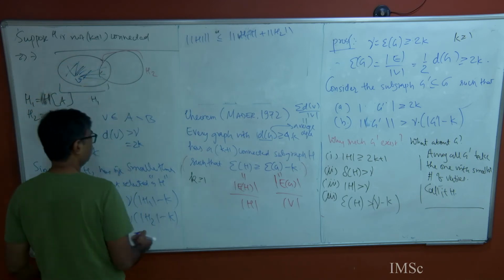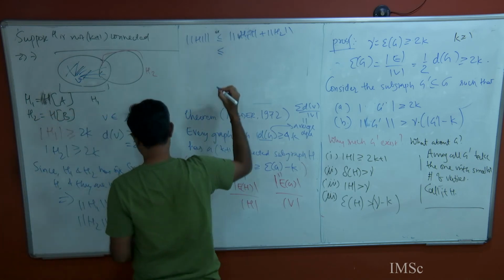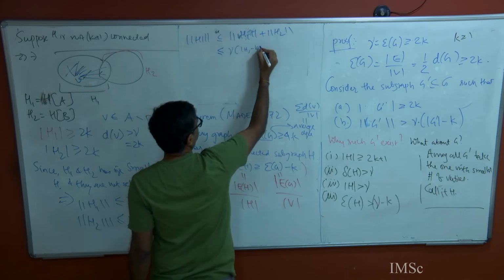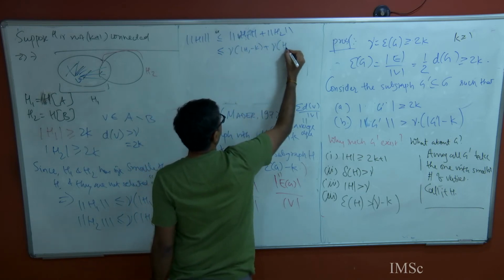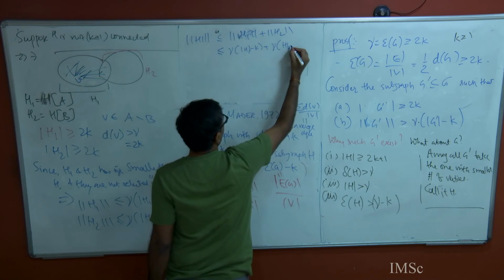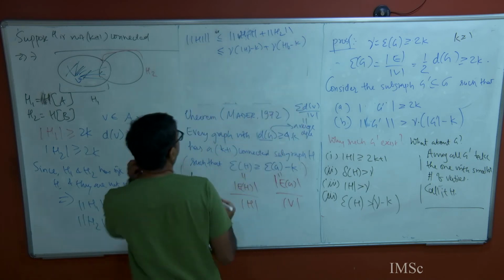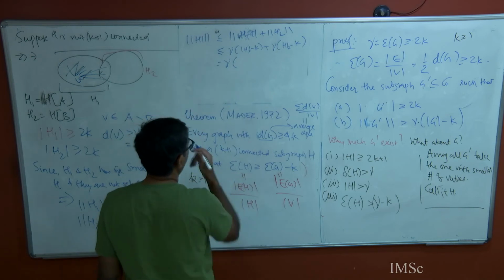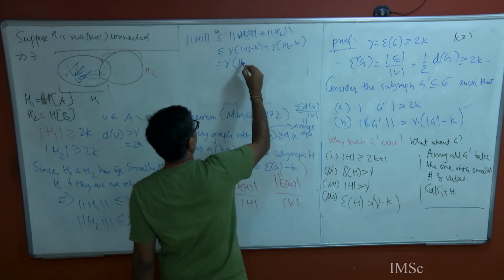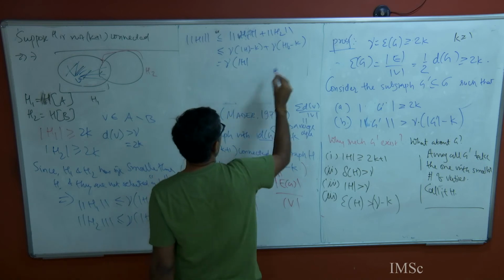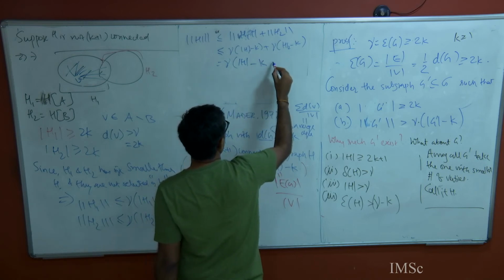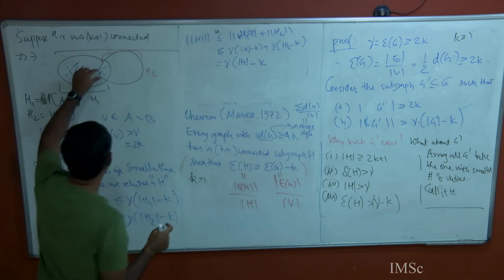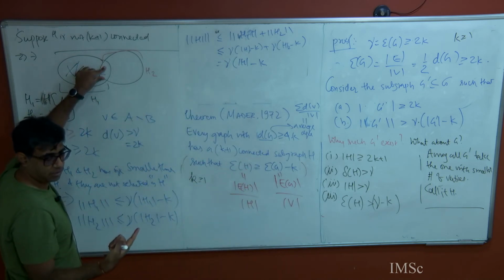And you just now showed to me this is gamma times (H1 minus k) plus gamma times (H2 minus k), which is equal to gamma times (H minus k). Is that correct, right? If I sum this up, it's H1 plus H2. This portion will be counted twice, right?